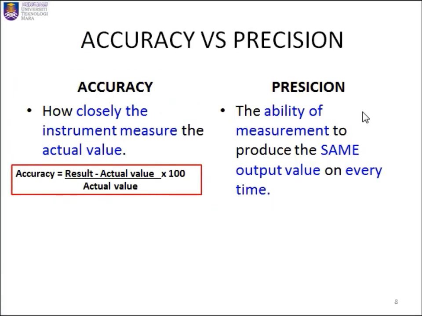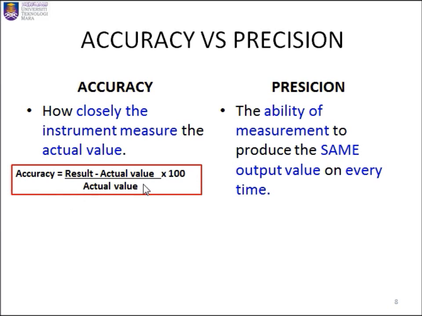Okay. Next, what are the differences between accuracy and precision? Accuracy is how closely the instrument measures the actual value. So your result minus the actual value, divided by actual value, and times 100.